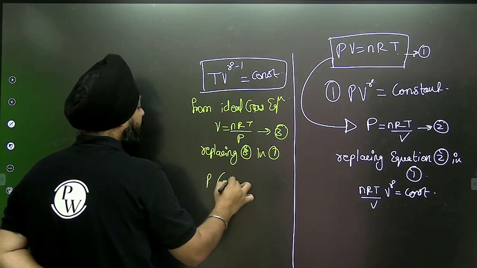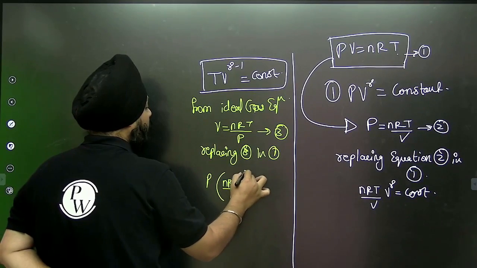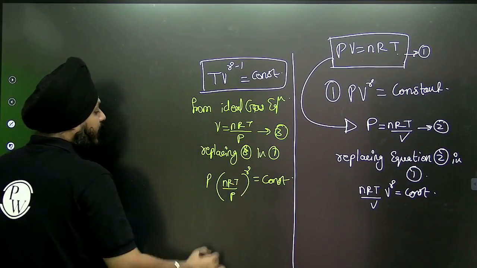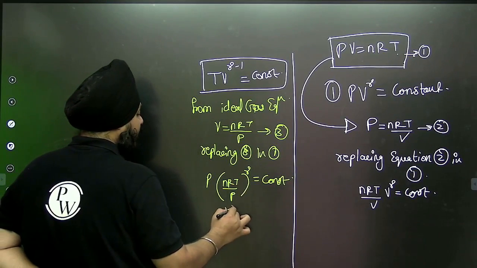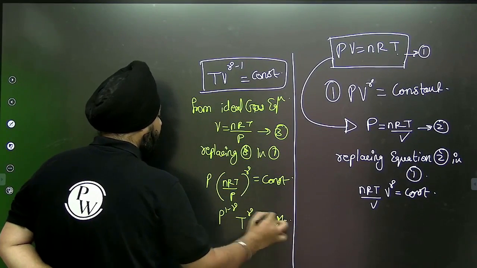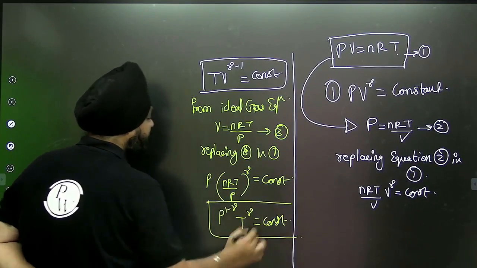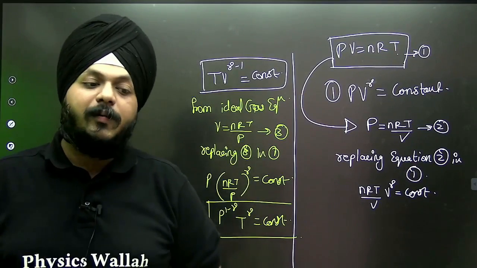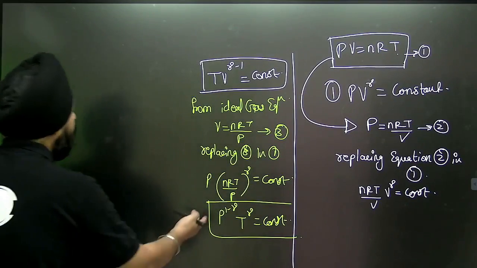P into nRT by P whole to the power gamma is equal to constant. And here it is P raised to 1 minus gamma times T raised to gamma equal to constant. If you want to analyze the adiabatic process and show the relation between the pressure and temperature, then this is the equation.